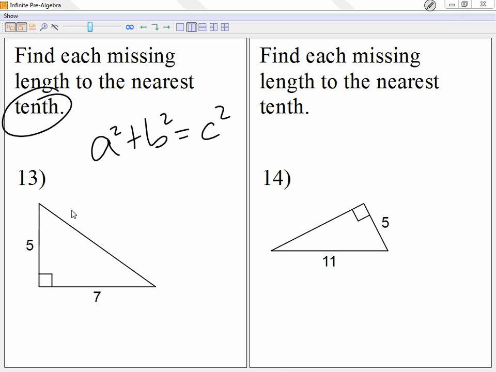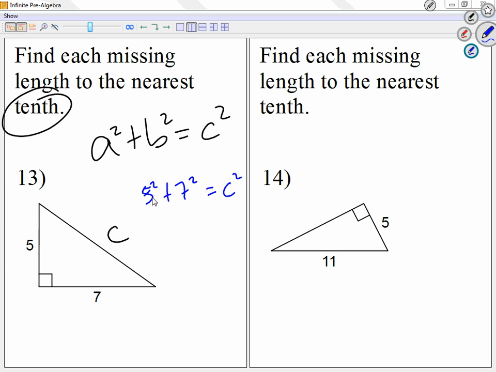And I told you guys from the three, the biggest one is c. So in this case, the one we're missing is c, the biggest one. So the way I will write this will be 5 squared plus 7 squared is equal to c squared.